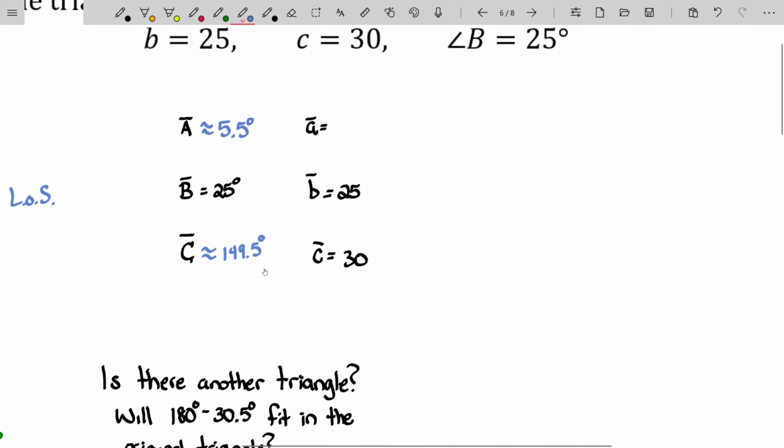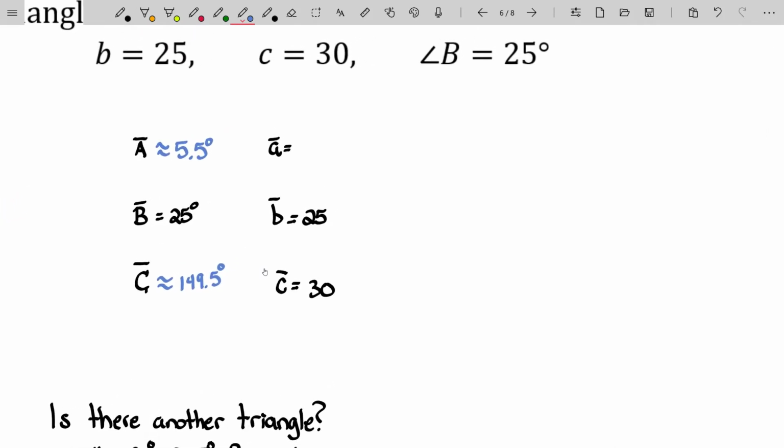Now, to find that missing side A, I will just do all my computations off to the right here. Missing side A bar is to the sine of its opposite angle, A bar, and often with a law of sines, you'll want to use the given information to compare with.